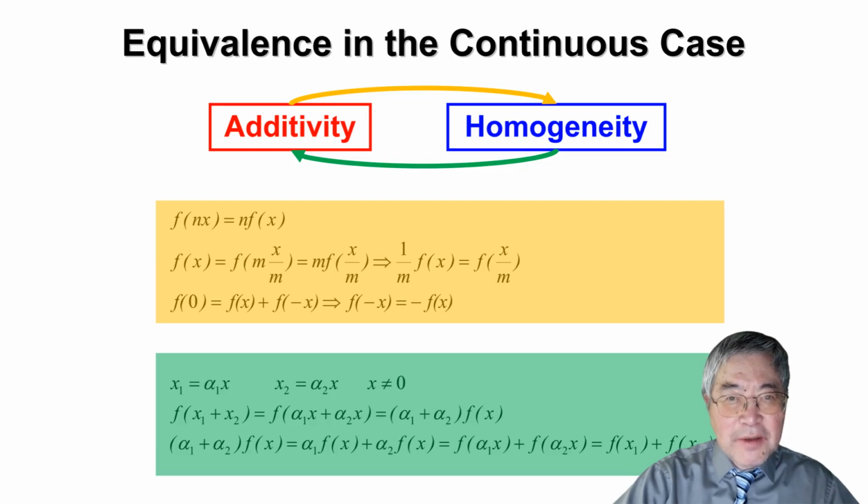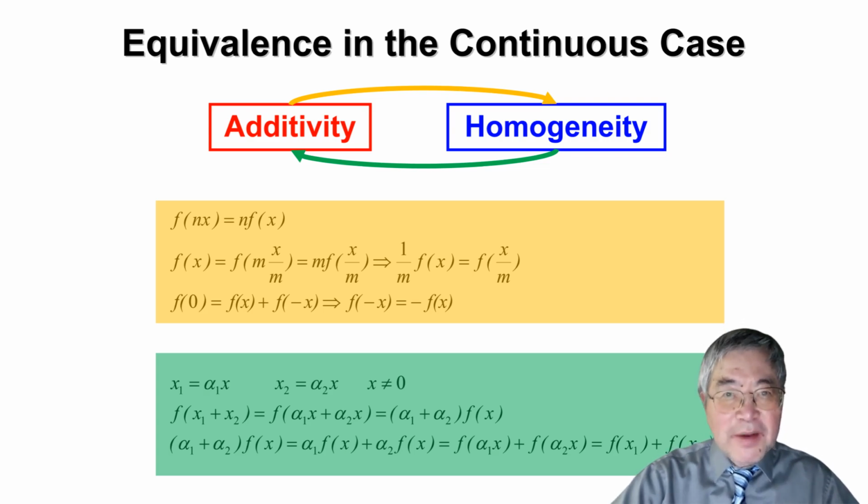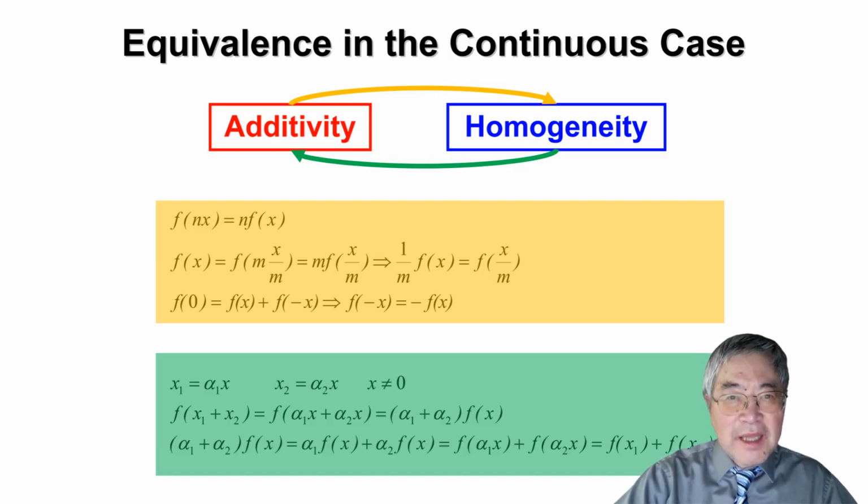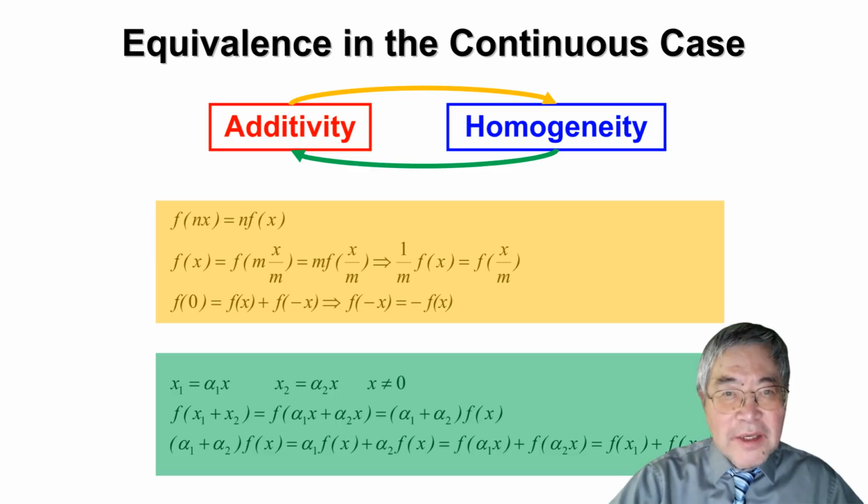This equals alpha 1 times f of x plus alpha 2 times f of x, which equals f of x1 plus f of x2. This confirms that if homogeneity holds, we can construct additivity. So this illustrates how in continuous systems, these two properties are indeed equivalent. That is, in such cases, additivity and homogeneity aren't independent. One can imply the other.